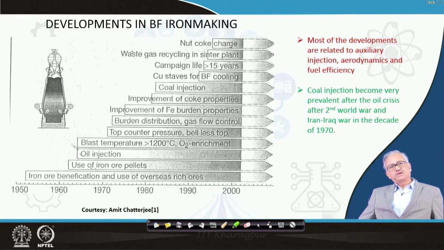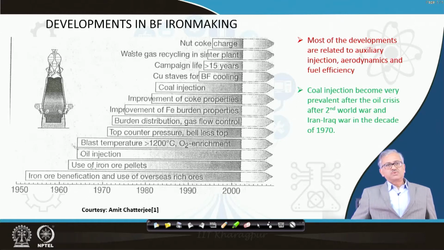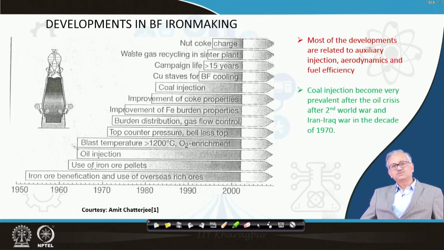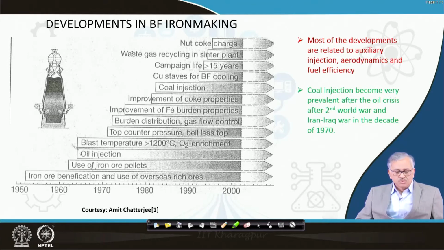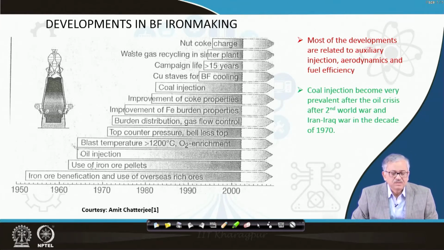Because of the oil price, people thought, why not charge pulverized non-coking coal into the blast furnace? It can also supplement the coke. So then came the coal injection. Basically, the first coal injection plant came in Japan, I think in 1981.